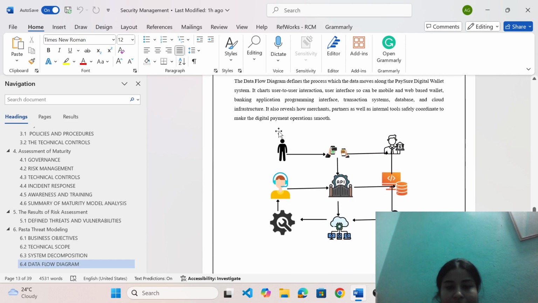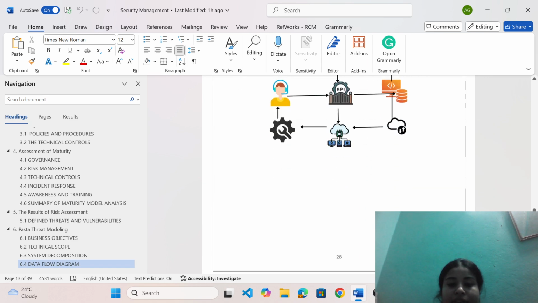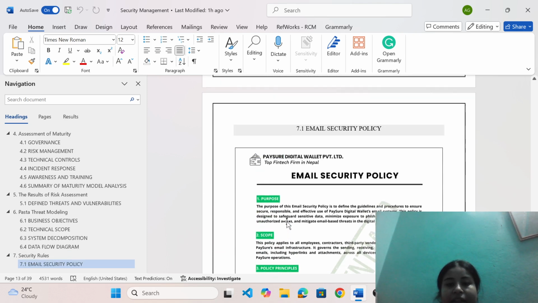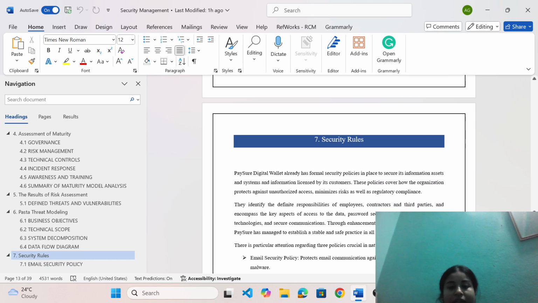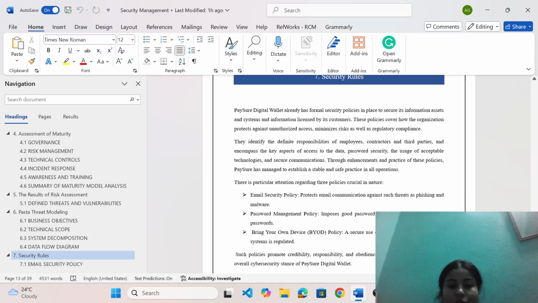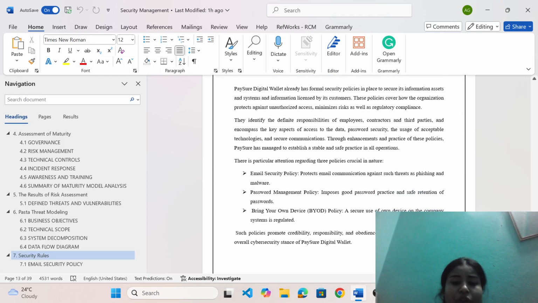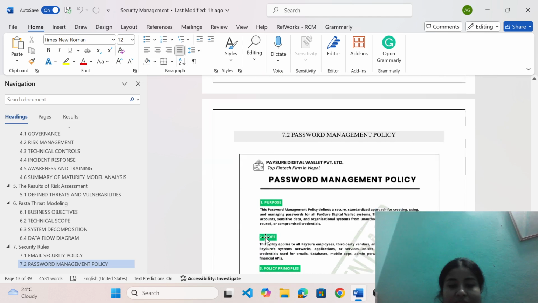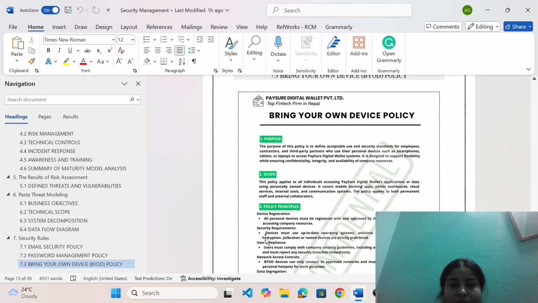You can see I used different icons to make it easier to understand. I mentioned security rules, which we have to maintain. So I used different types of policies, like email security policy, password management policy, and bring your own device (BYOD) policy.